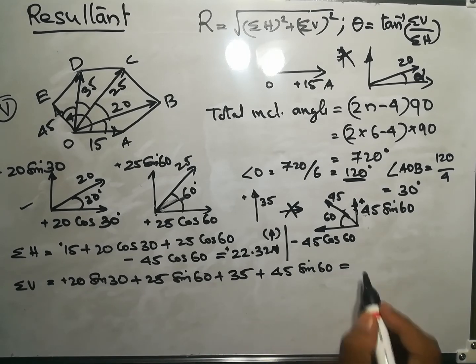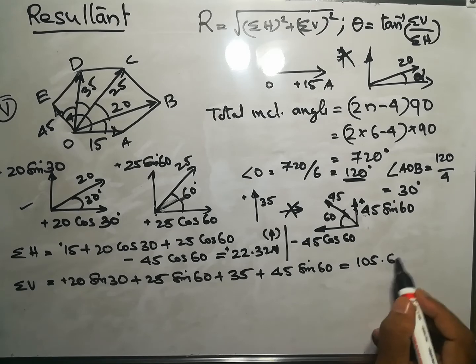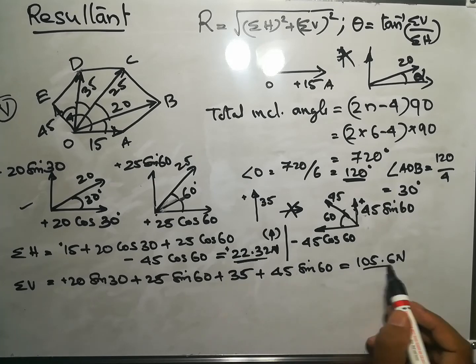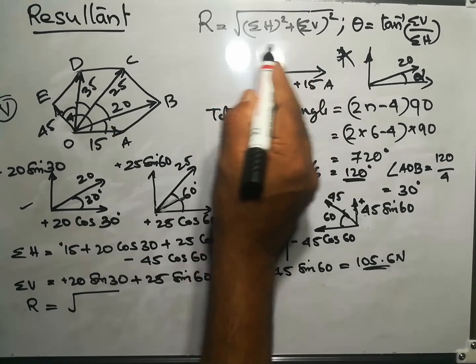When you calculate this, you will get 105.6 Newton. So these are the sigma H and sigma V values. Now we can calculate the magnitude of R, equal to the square root of sigma H squared plus sigma V squared.